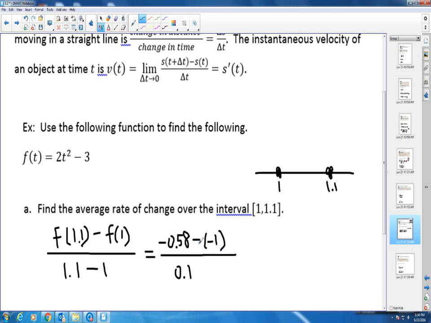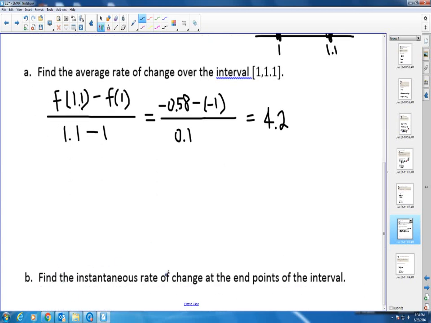So negative 0.58, subtract negative 1, then divide by 0.1, that will be 4.2. So my average velocity from this time to that time is 4.2.